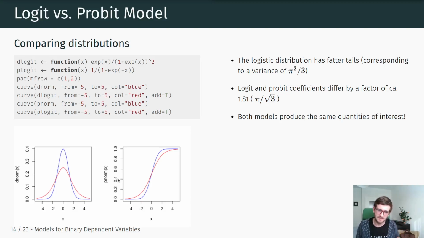We're still estimating the same probabilities. We're just quantifying them differently because of the different link function. So the substantive results regarding the quantities of interest that we're actually interested in are all the same. Okay.